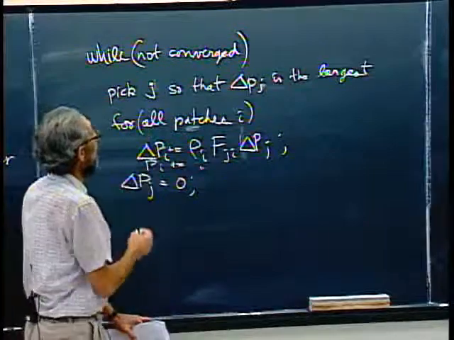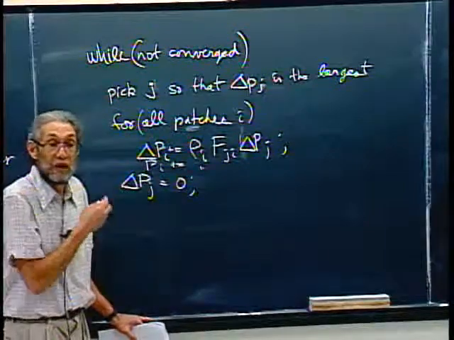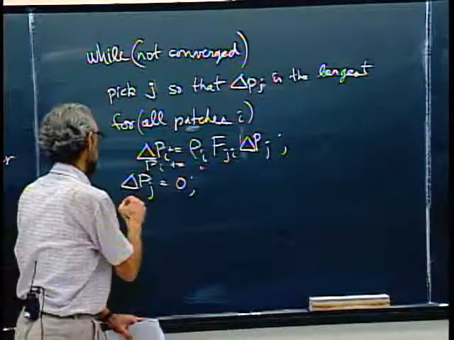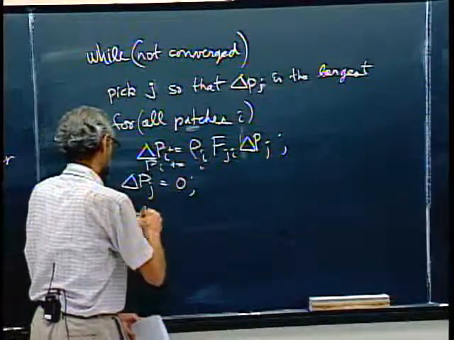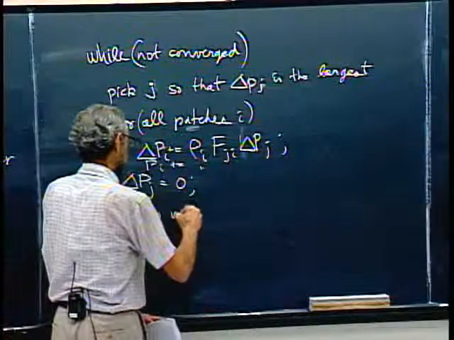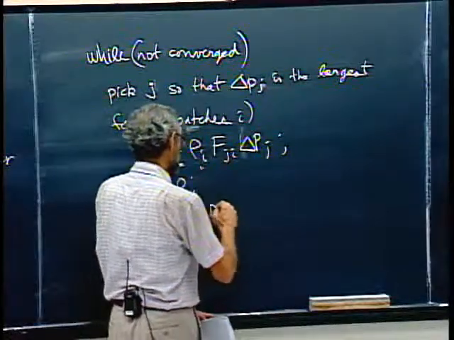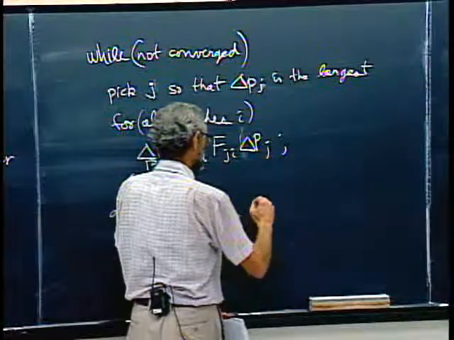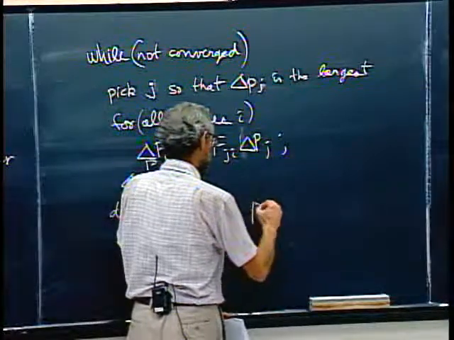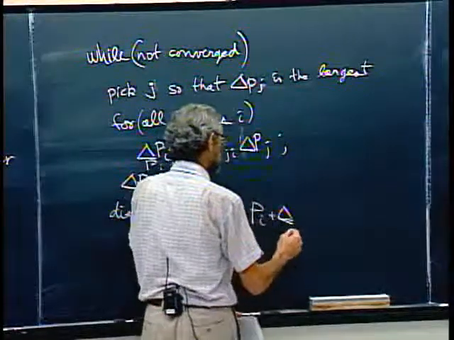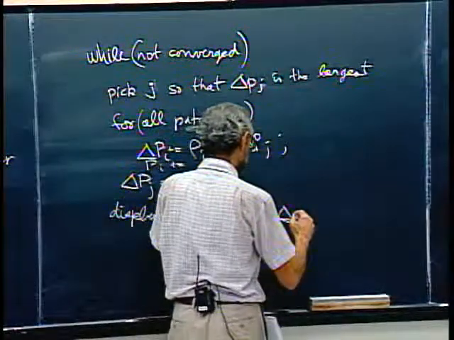So inside this while loop, one of the advantages is you can actually watch the picture get better and better as it converges. So you can display with the radiosities B_I equals the power at I plus the extra power that you haven't shot yet. Let's see.